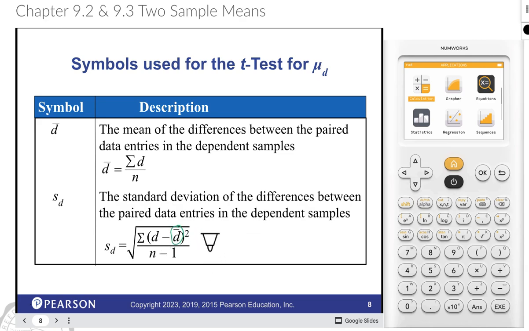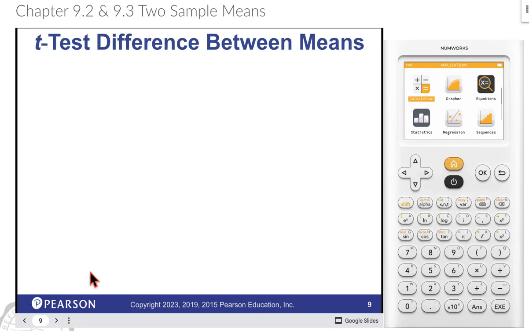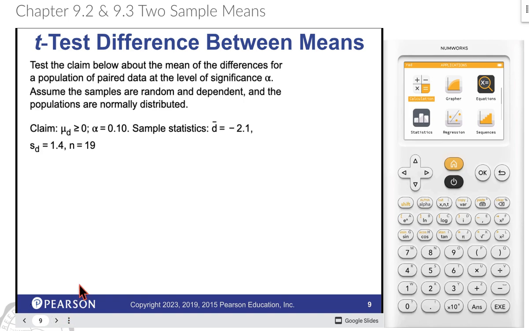So you really need a spreadsheet to do these kinds of calculations, or you need something programmed into the calculator that allows you to put in all the data, and it'll do this. But I have been unable to find one in NumWorks or other calculators that has this process set up. So we're going to rely on the mean of the difference and the standard deviation being given to us, and then we will use the formula from there. And the formula we will use, we'll see in just a moment.